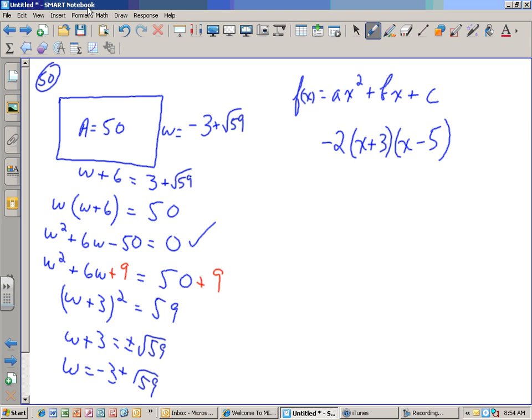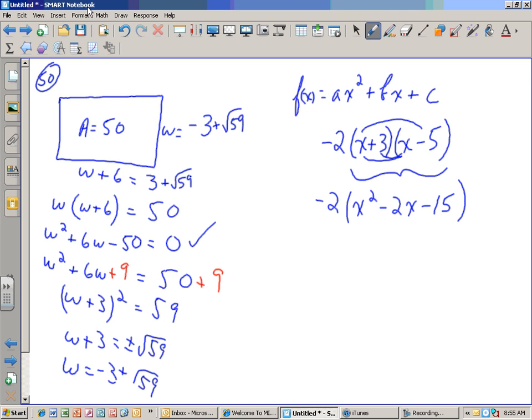And probably, like Alex said, if you use FOIL first, it's easier, and then distribute the negative 2. And if I use FOIL, I'm going to get x squared minus 2x minus 15. I took a little bit of a shortcut here, but if you look at the outside inside terms, negative 5x and then plus 3x will give you the negative 2x in the middle.